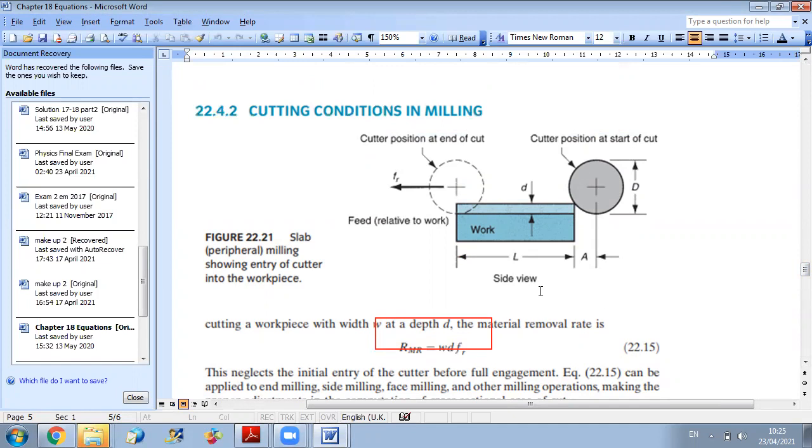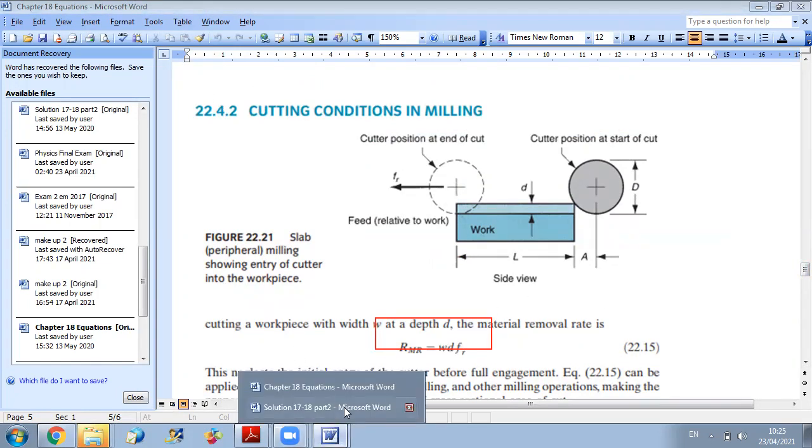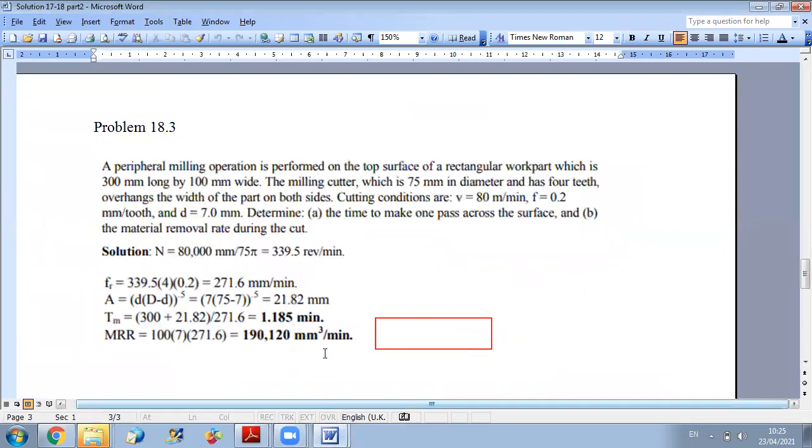So this is the equation we will use in this problem: square root of d times (D minus d), where big D is the diameter of the cutter, 75 millimeter, and small d is the depth of cut, 7 millimeters. Since both are provided in millimeters, the resulting approach distance will be in millimeters.